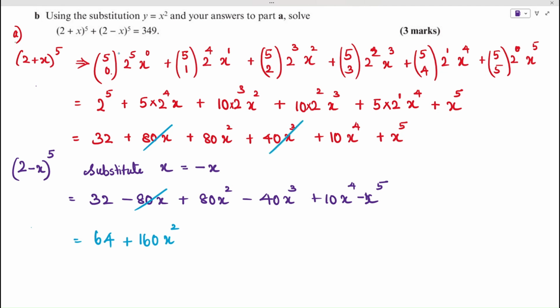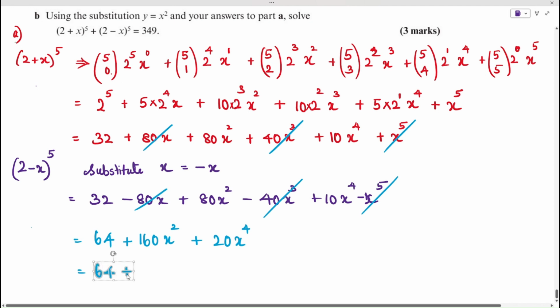Our 40x cubed and our minus 40x cubed cancel out. Now we have 10x to the power of 4 and plus 10x to the power of 4, so that's 20x to the power of 4. And our x to the power of 5s cancel out. So we're left with 64 plus 160x squared plus 20x to the 4.